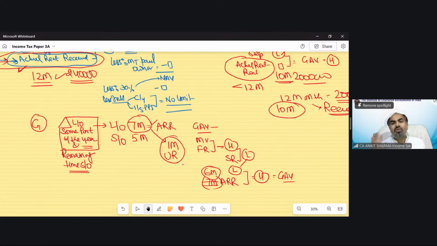Why am I telling you this? You will understand the power of these cases when you solve a question. When you see a property which is let out and self-occupied, you will focus only on case number G. Because when we discuss case number F, everything is going to be messed up.